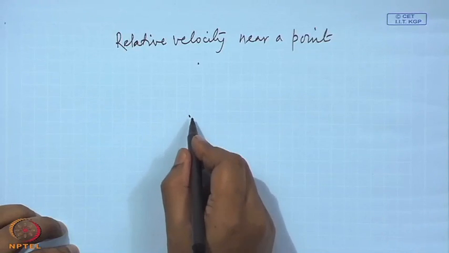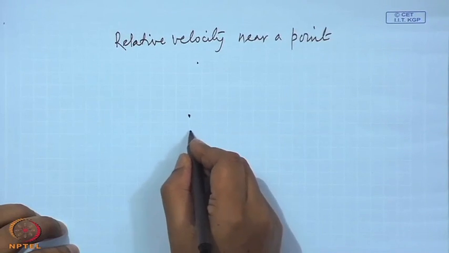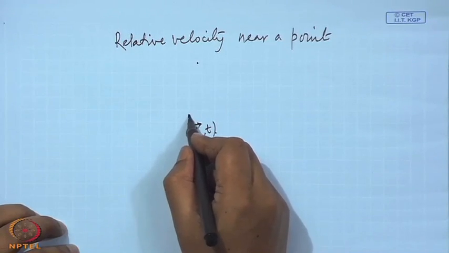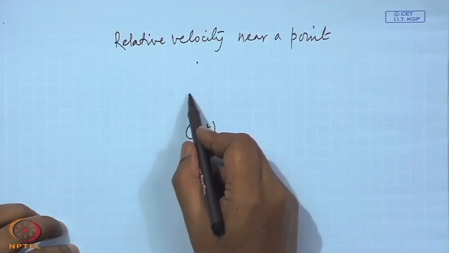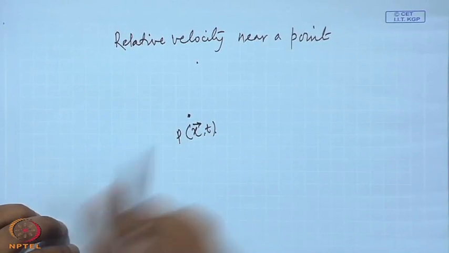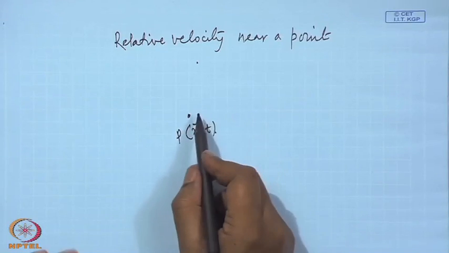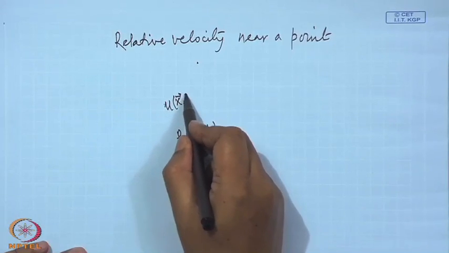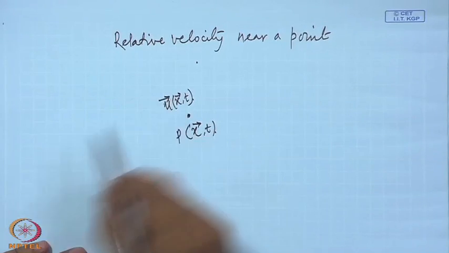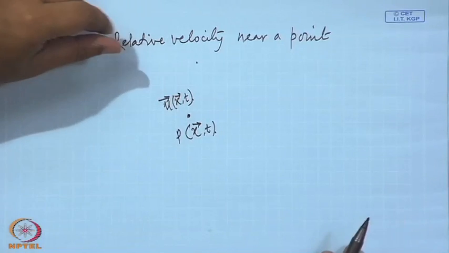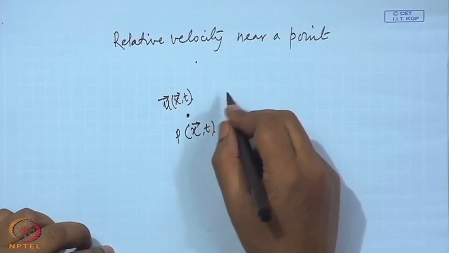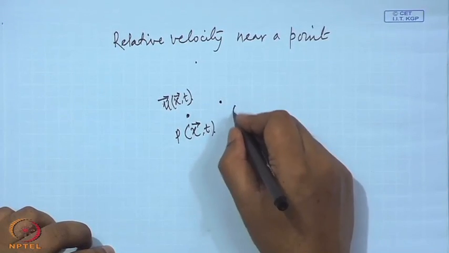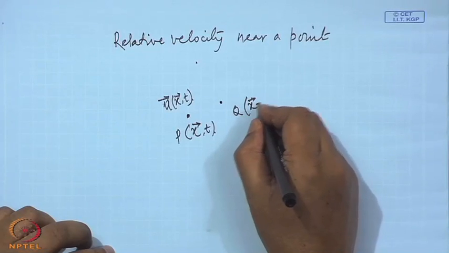Let us say we have a point which is denoted by the position vector x, and of course, at time t. This is the point P, and let us say at this point the velocity is u. Let us say a neighboring point has position vector x plus r.